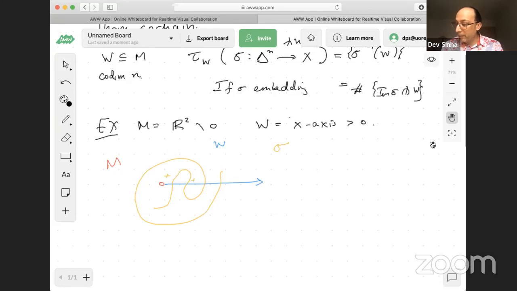Or sorry, that would be a minus. And then a plus here, plus, and another plus. So tau W on this sigma would be 2. So that's how they work. They just evaluate by intersection.